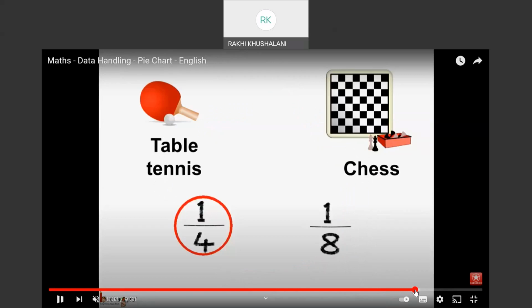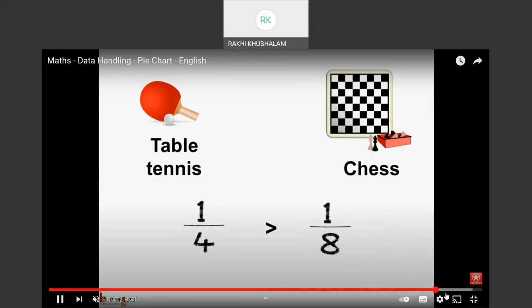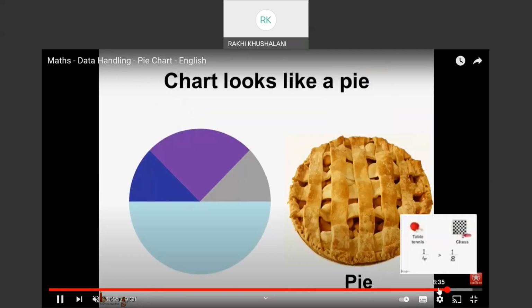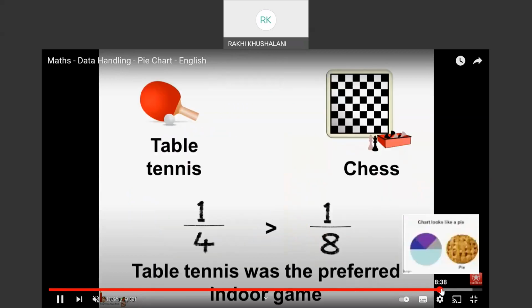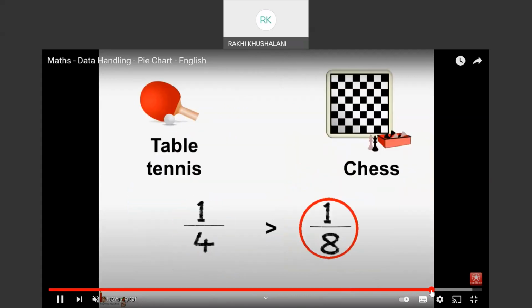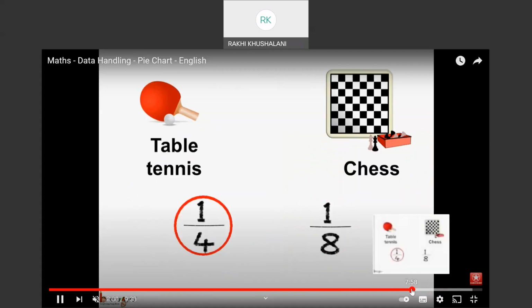Let's see about the table tennis. Table tennis was the preferred indoor game, and 20 students participated for table tennis, because 80 minus 60 gives me 20.